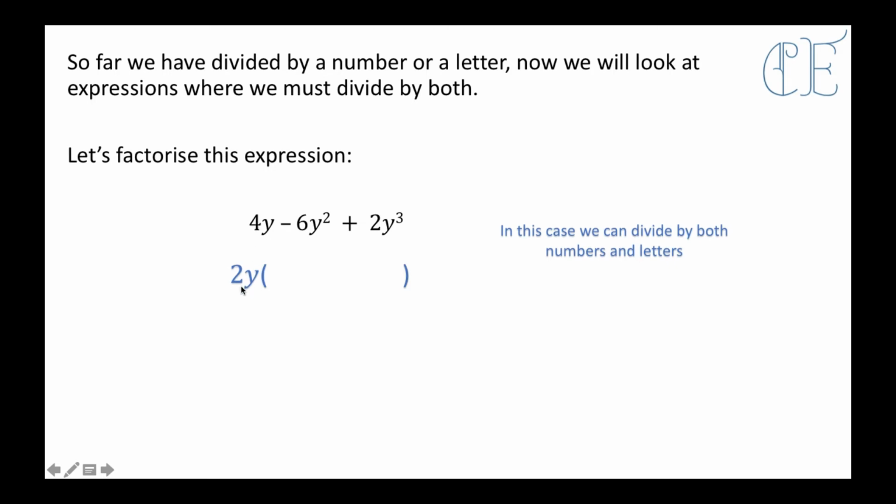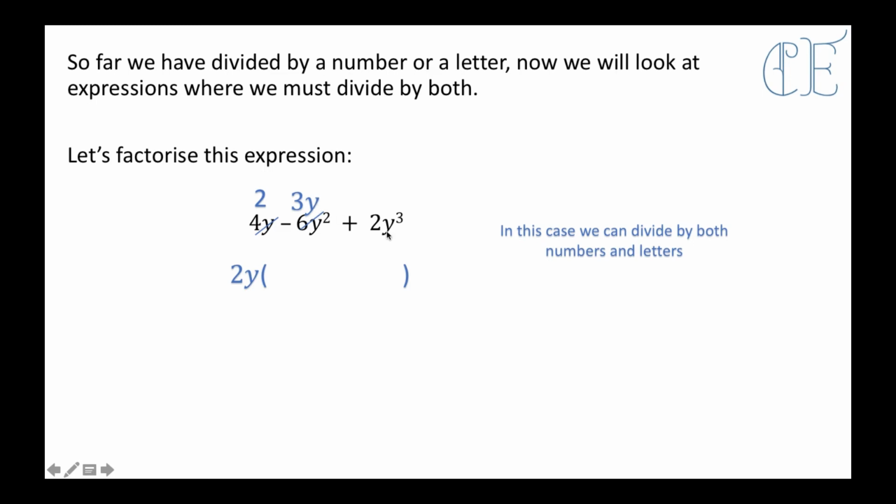4y divided by 2y, well, 4 divided by 2 is 2, and then y divided by y just gets rid of it, so it's just 2 on its own, because we've took that y out and put it there. And then in this one, 6 divided by 2 is 3, and y squared, we just need to take one of those out, because we've put it there, and put just one y there.